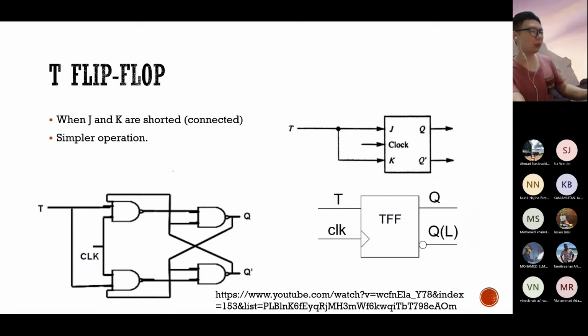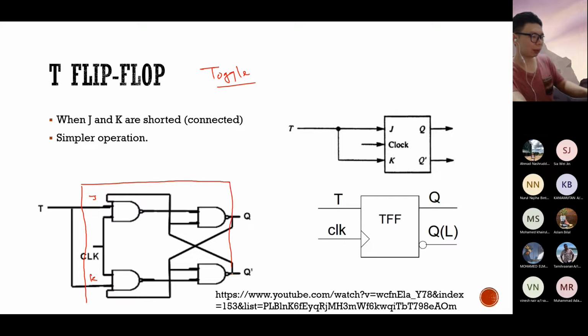The same can be done for the last flip-flop. Okay, so the last flip-flop is the T flip-flop. So T flip-flop is short for toggle. Okay, T stands for toggle, and this T flip-flop is actually internally still a JK flip-flop, but what is different is that they connected this J over here and K over here to one single input, and they call the input a T flip-flop.